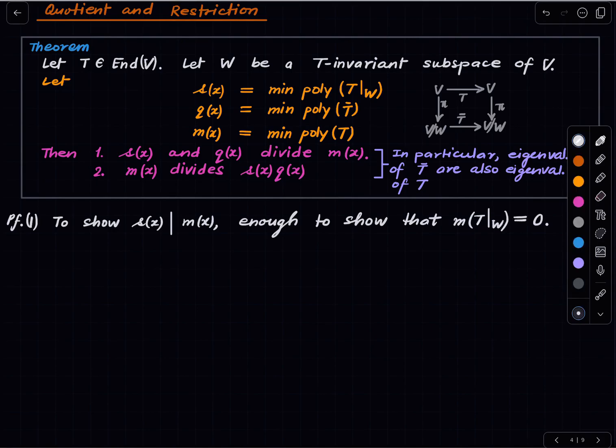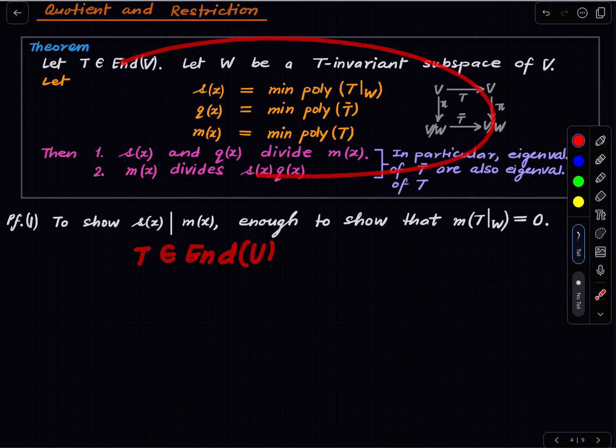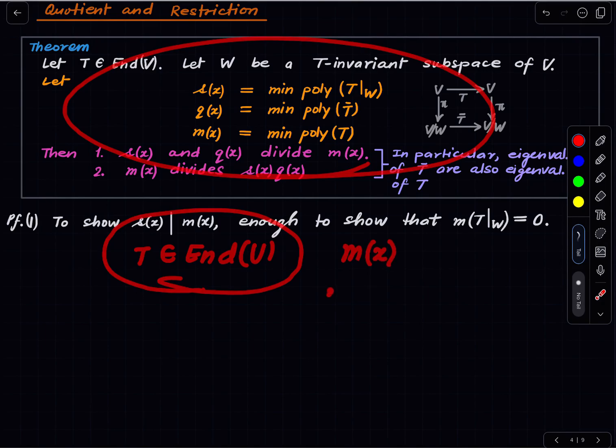We proved a property of the minimal polynomial in the previous lecture. And what was it? Suppose T is an endomorphism on a vector space. We forget about all these things for the moment. If T is an endomorphism on a vector space V and Mx is the minimal polynomial of T, and we have some polynomial fx such that f(T) is 0, then Mx divides fx. So Mx divides every polynomial that is satisfied by T.